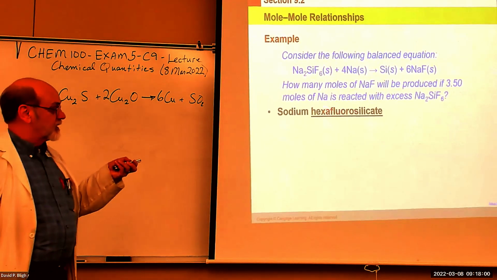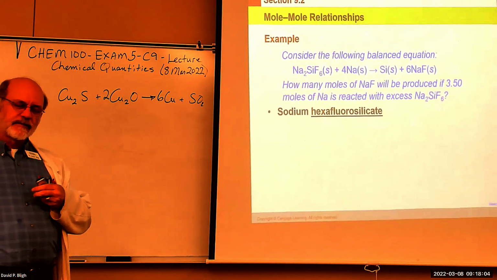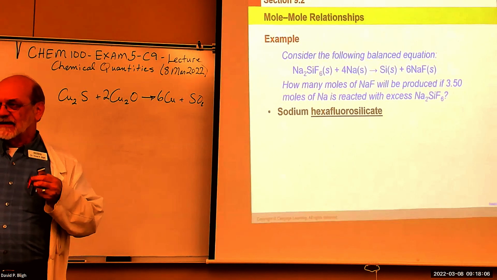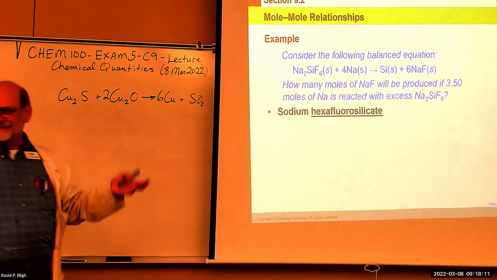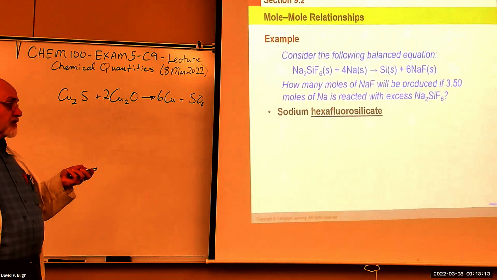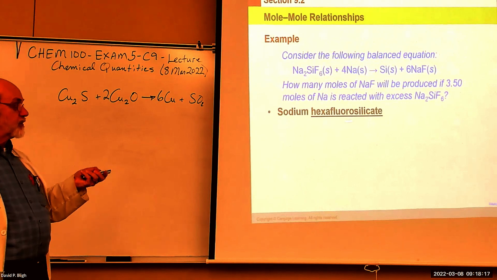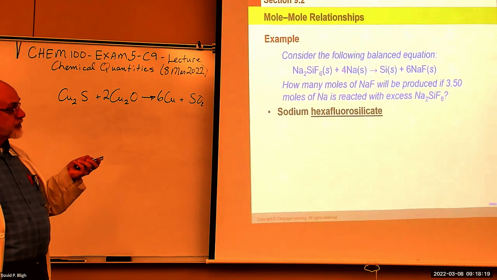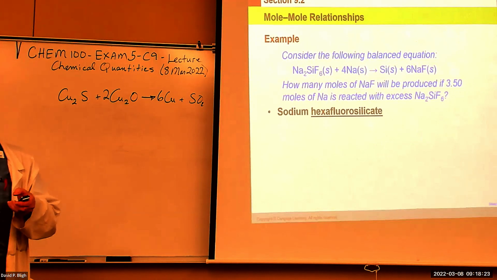Why is it named this? Because hexafluorosilicate is a polyatomic ion. And it's not one that's in our list, so you don't have to memorize this one. But just for illustration purposes, that's the name it would be, sodium hexafluorosilicate. Reacted with sodium to produce silicon and sodium fluoride.